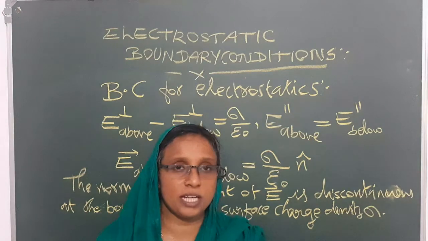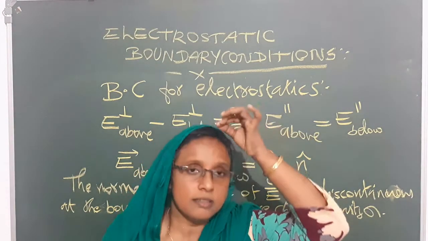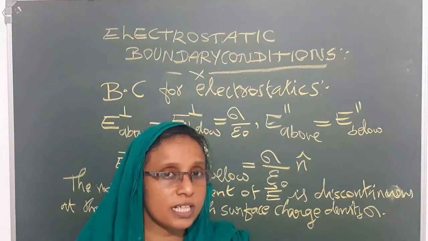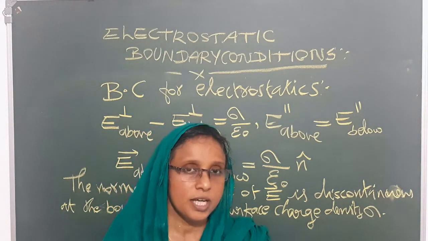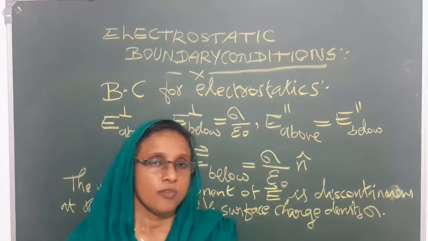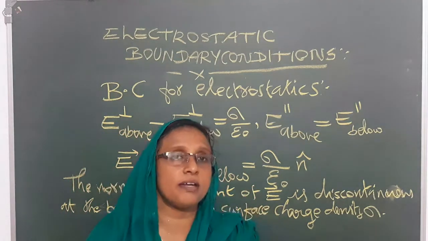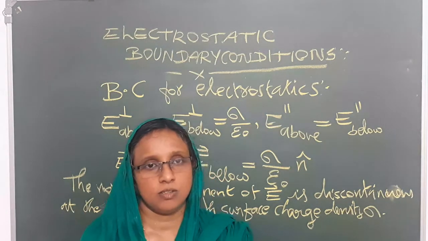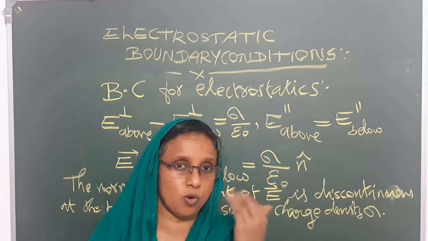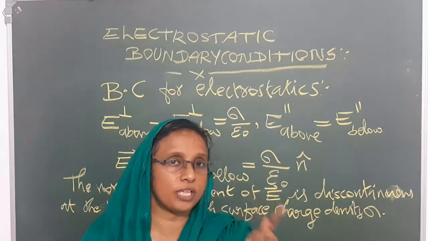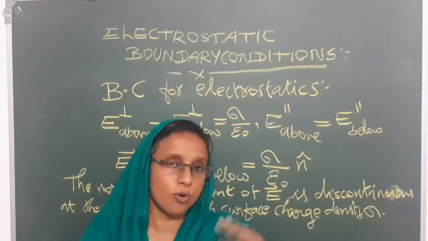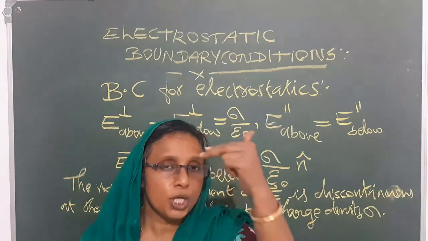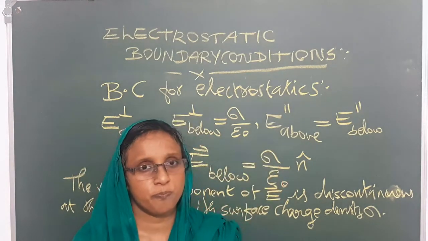I hope you get the point, because in this session we found the electrostatic boundary conditions for electric field. We already learned that we can uniquely define an electric field using its divergence and curl. The divergence is called Gauss law, written as del dot E equal to rho by epsilon 0, or in integral form, closed surface integral E dot dA equal to Q enclosed by epsilon 0.